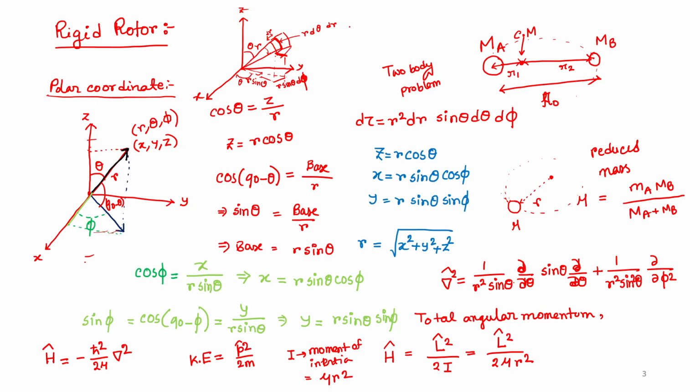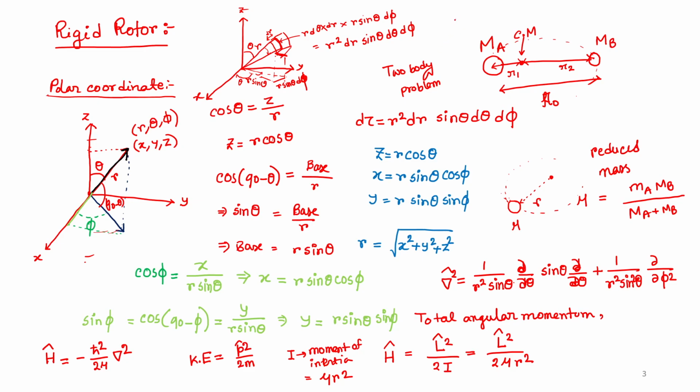What are the dimensions of the box? One is dr, one is r d theta, and one is r sine theta d phi. So overall we get r square dr sine theta d theta d phi. That is our volume element. That is how we define our volume element.